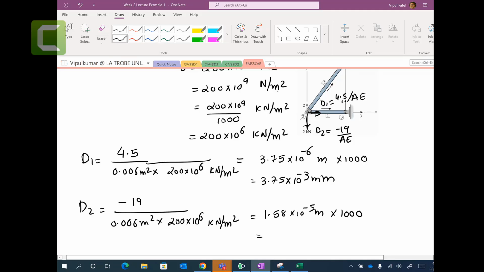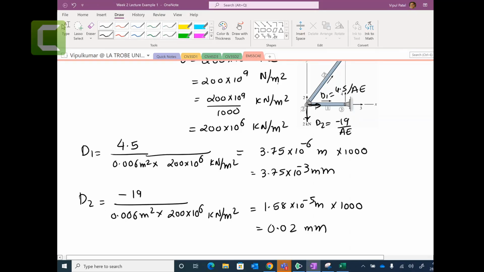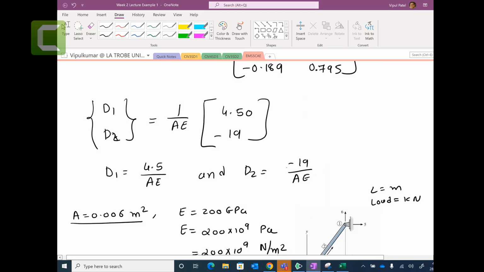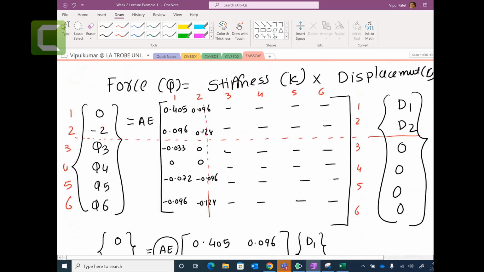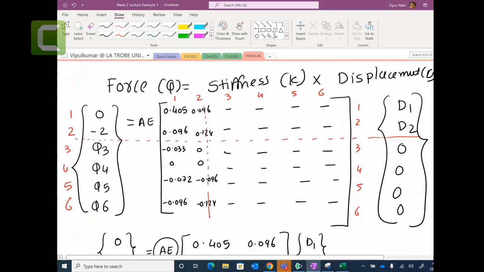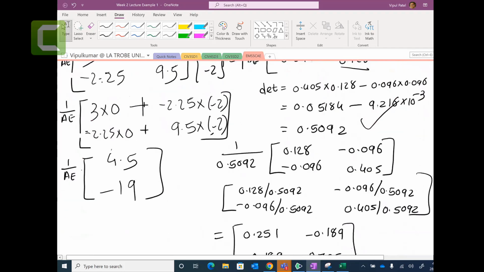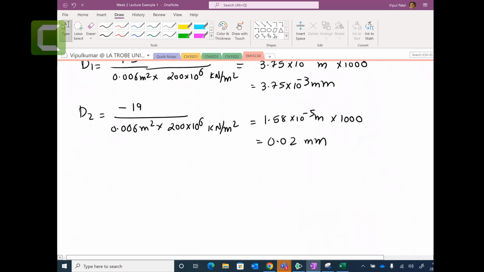And if you multiply by thousand, you get 0.02 millimeters. So I hope you understand how to calculate the displacements in truss systems using the very simple equation Q equal to KD. You know how to get the Q, you know how to get the K, and from that, using the matrix inverse, we can get D.